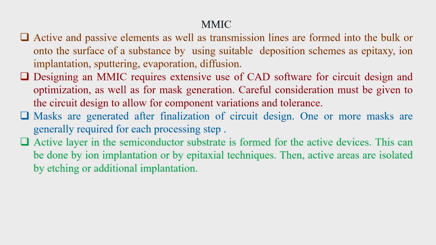Active layer in the semiconductor substrate is formed for the active devices. This can be done by ion implantation or by epitaxial technique. Then active areas are isolated by etching or additional implantation. So, first we need to create space for the active elements.